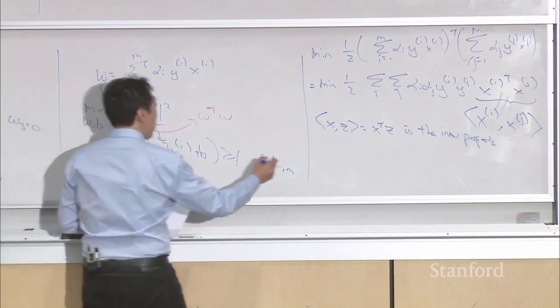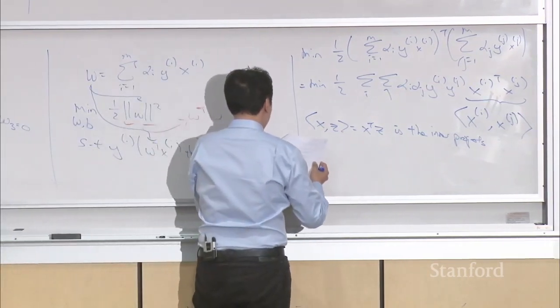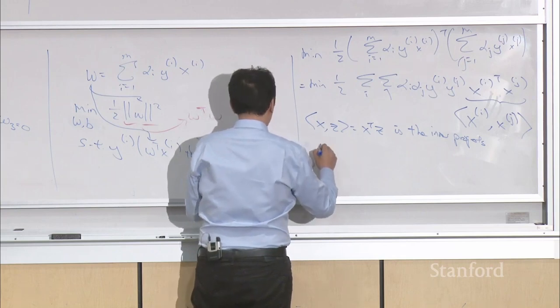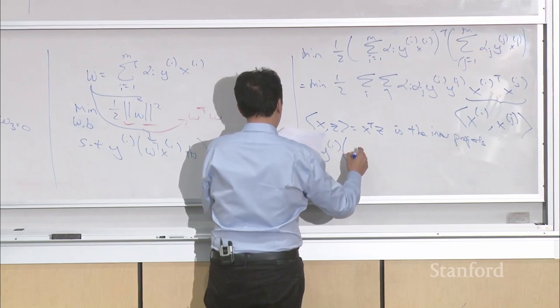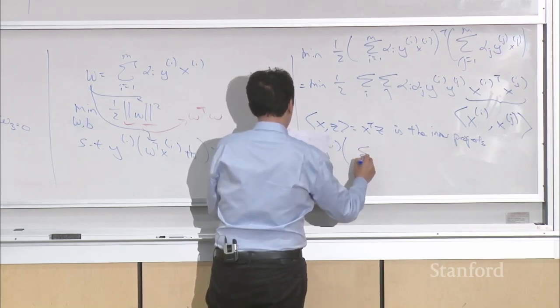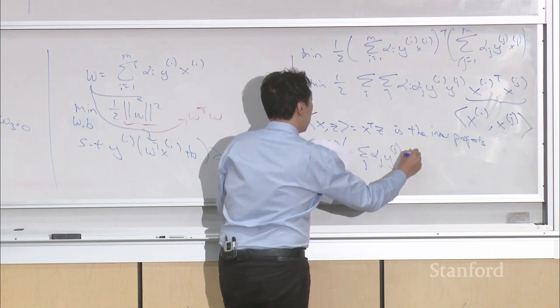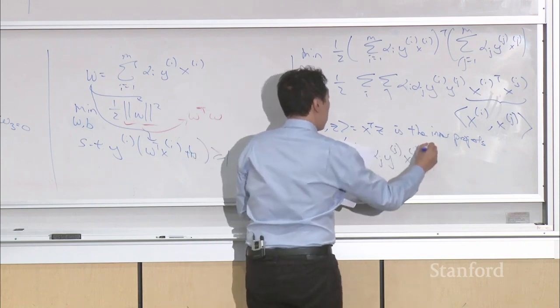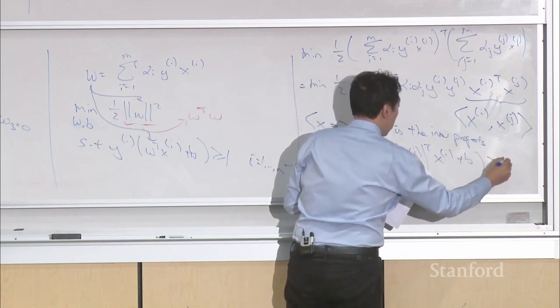And then this constraint becomes something else, I guess. This becomes yi times W transpose x plus b is greater than or equal to 1.